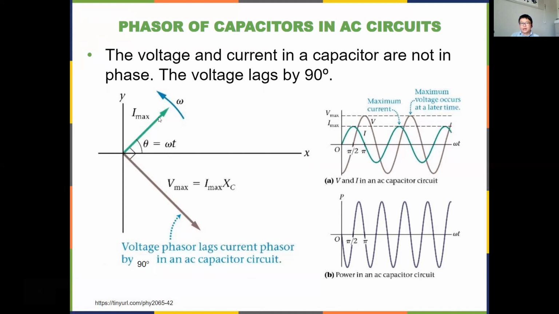If you look at the y projection of Imax, where theta is the directional angle for Vmax, this will be theta minus 90. So your current leads the voltage by 90 degrees.